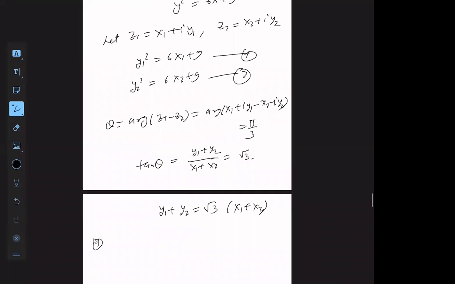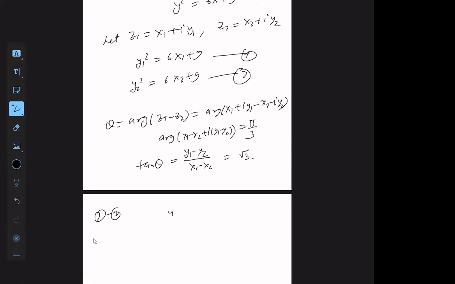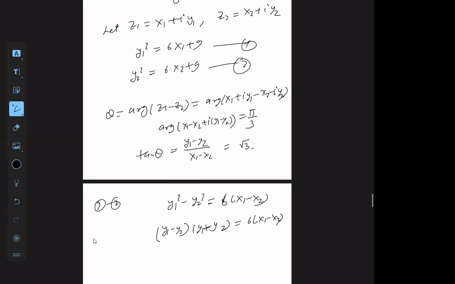ठीक है, तो आप फर्स्ट और सेकंड को सब्ट्रैक्ट कर देते हैं। सॉरी, ये y1 माइनस y2 आ रहा है, ये x1 माइनस x2 आ रहा है। देखिए ये आ रहा है ना, आर्गुमेंट ऑफ x1 माइनस x2 प्लस आयोटा टाइम्स y1 माइनस y2। सो आई एम सब्ट्रैक्टिंग फर्स्ट माइनस सेकंड, सो y1 स्क्वायर माइनस y2 स्क्वायर क्या हो जाएगा, 6 टाइम्स x1 minus x2। If I factorize left hand side, so what is our y1 minus y2?